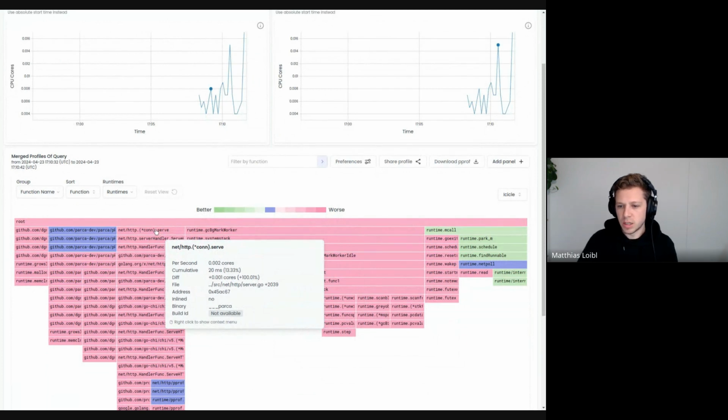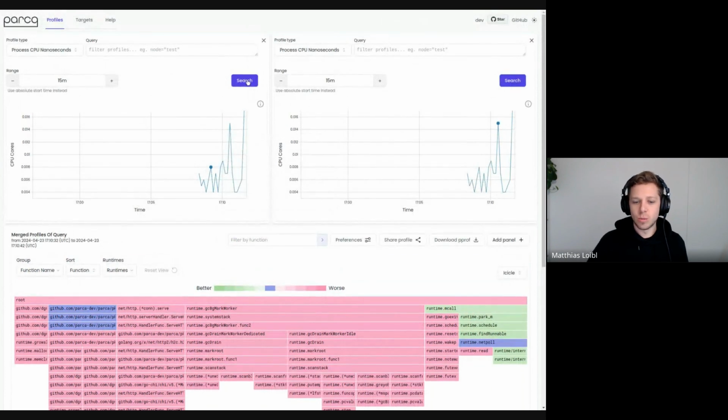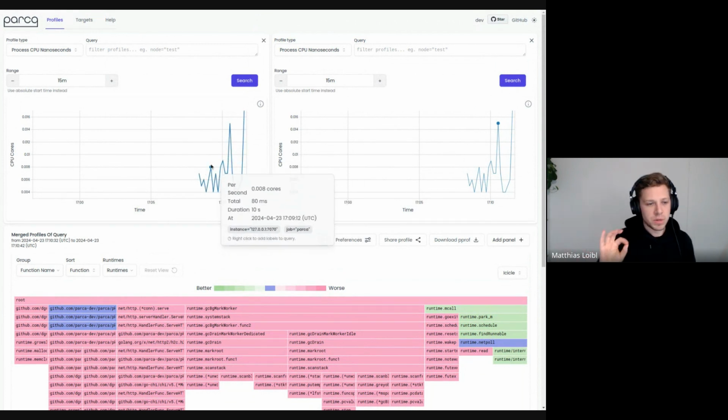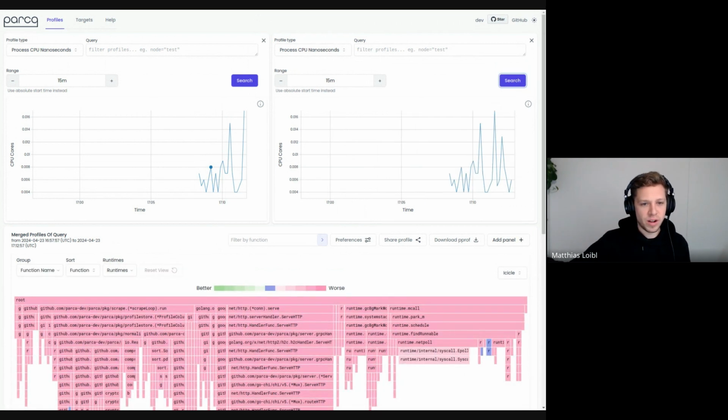So we can now see we have 0.002 cores per second, but previously we only had 0.001 core, and we've gotten 0.001 cores more per second. So the reason why this is important is now we can take this one specific profile here and compare it to the entire merged profile on the right-hand side. So all of this combined.